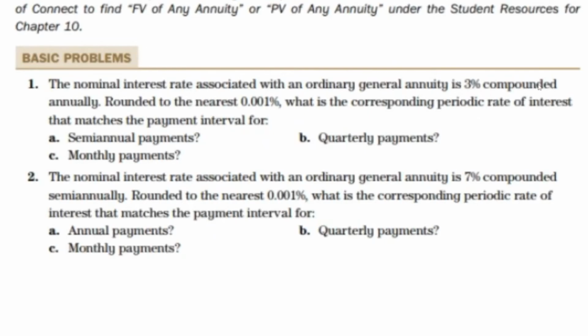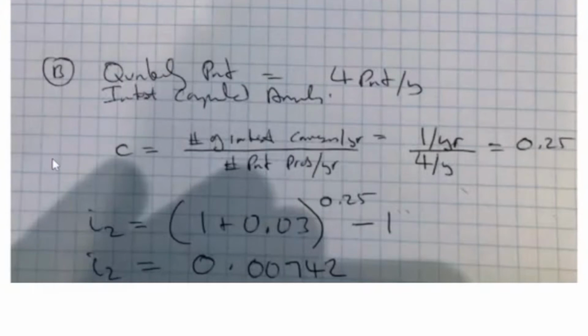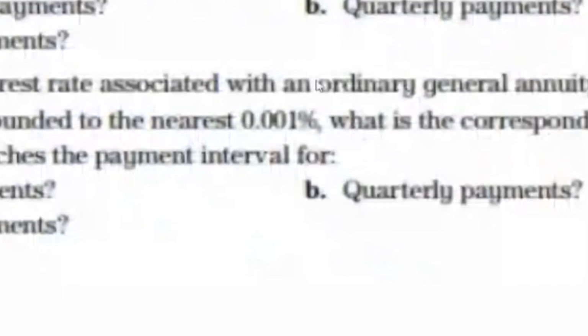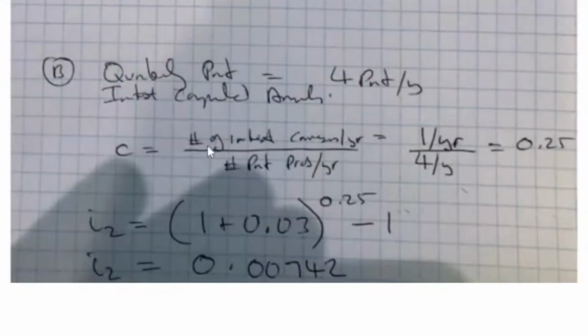So let's take a look at B, which is quarterly payments. So we've got 3% compounded annually and quarterly payments. The trick in this one is we need to figure out the value of I2. In order to calculate C again, in this instance where it's quarterly payments, there's 1 interest conversion per year and 4 payments per year.